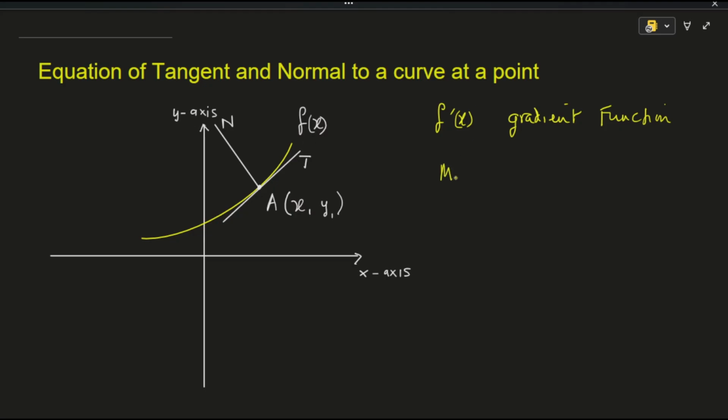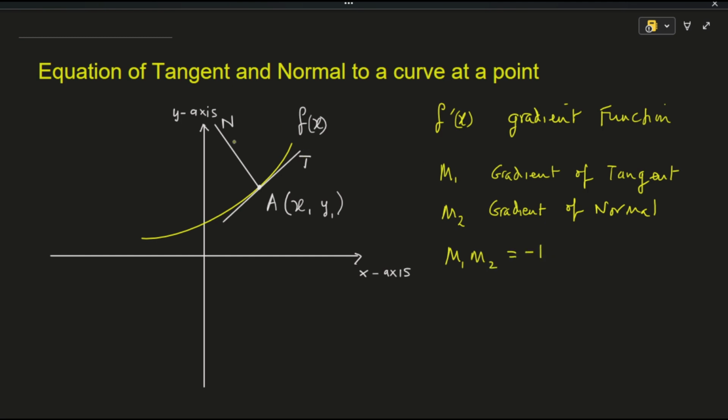So if m subscript 1 is the gradient of the tangent, and m subscript 2 is considered to be the gradient of the normal, and since these two lines stand perpendicular to each other, the product of their gradients is given as -1.